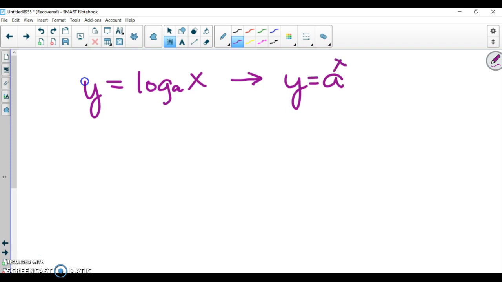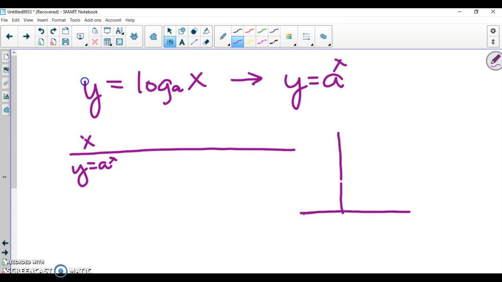So with that in mind, we can simply take a graph of the exponential function and remember the part where a function and its inverse are always reflected across the line y equals x.